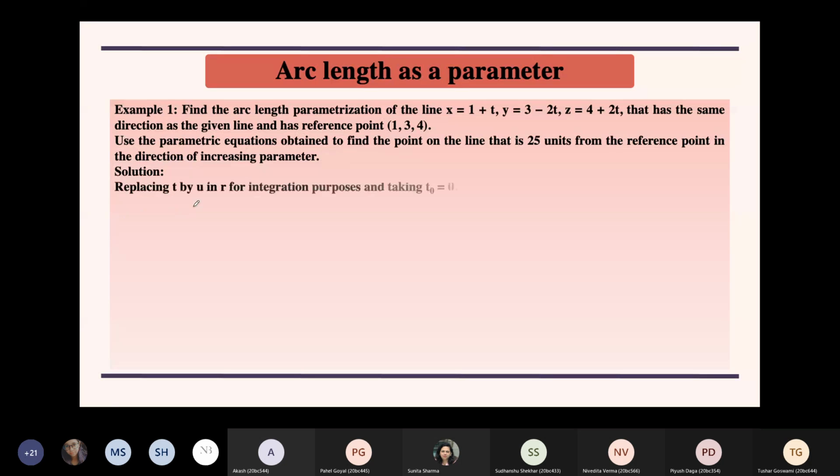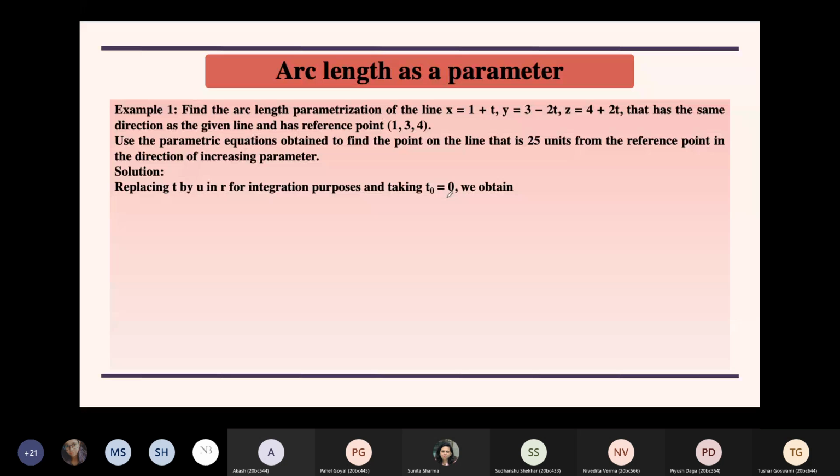I'll first do the integration. If you want, you can replace the parameter t with u for integration, and your t naught is in this case 0, because this reference point is achieved when you put t equals 0 in all three components. So obviously for t equals 0, you get this point, so your t naught will be 0.